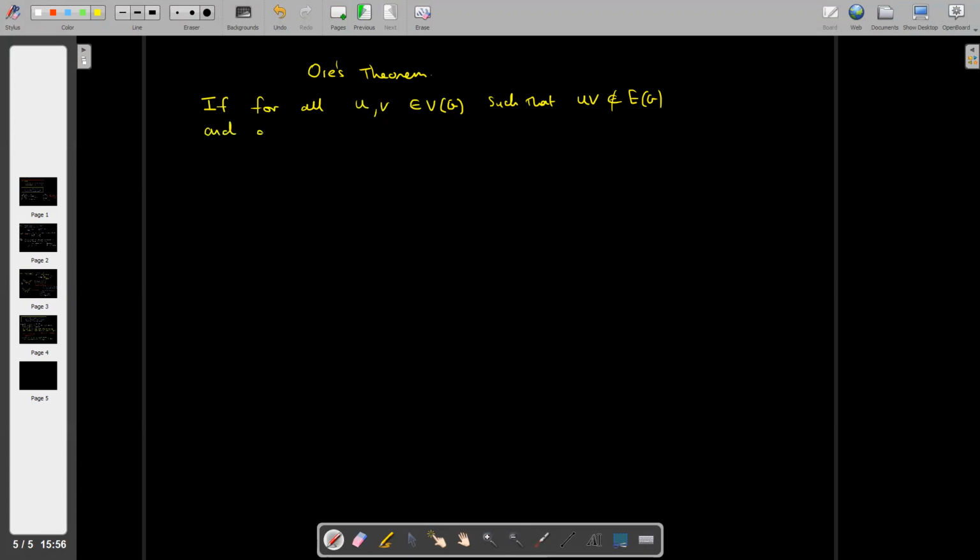And the degree of U plus the degree of V is greater than or equal to n, then the graph is Hamiltonian.